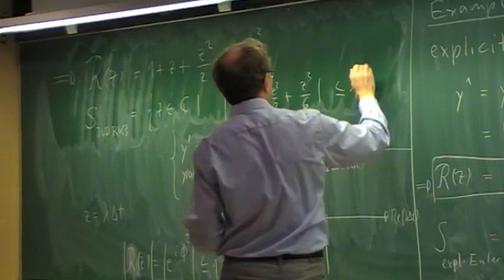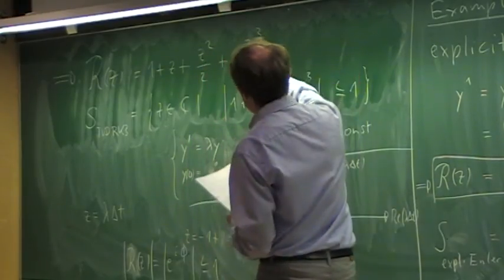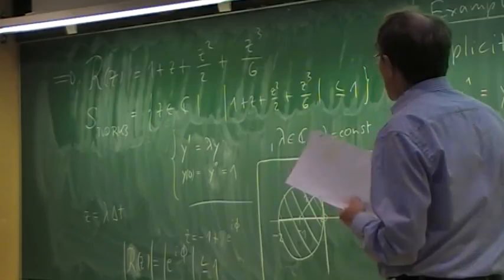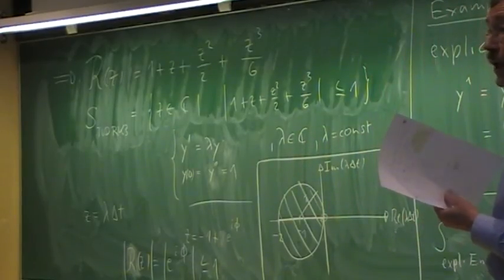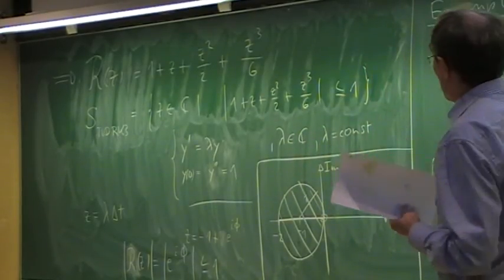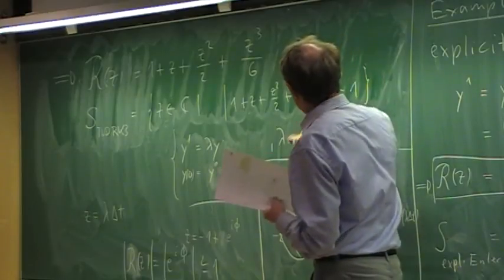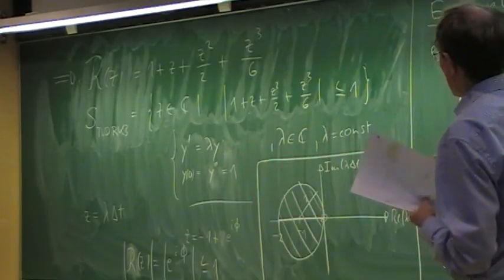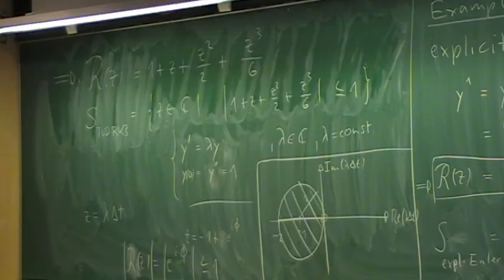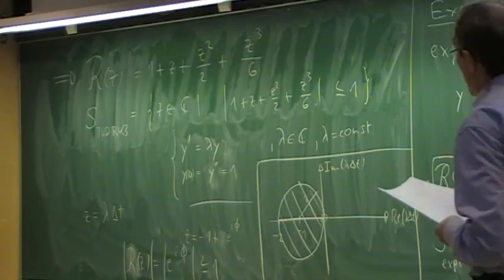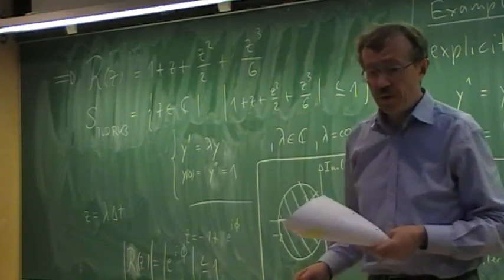By the way, you see here that we are approximating the exponential e to the power z up to the third order. But this is then our stability function, and then we have to find out where this is true. And that can be done.